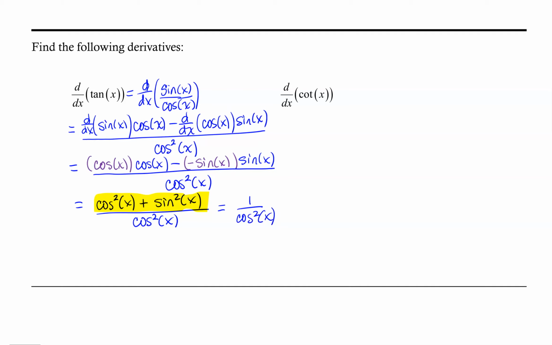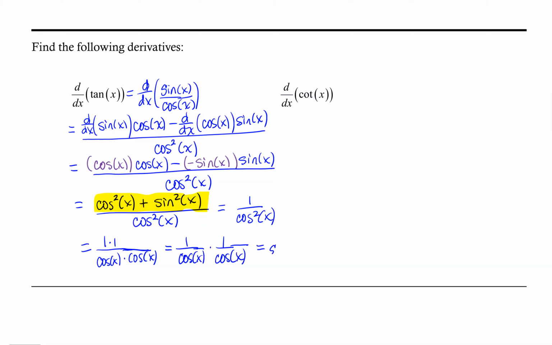And now we're going to factor that. We're going to think of this as 1 times 1 over cosine of x times cosine of x. And then using what we know about multiplication of fractions, we're going to think of this as 1 over cosine of x times 1 over cosine of x. And then the 1 over cosine of x function is actually the secant function.